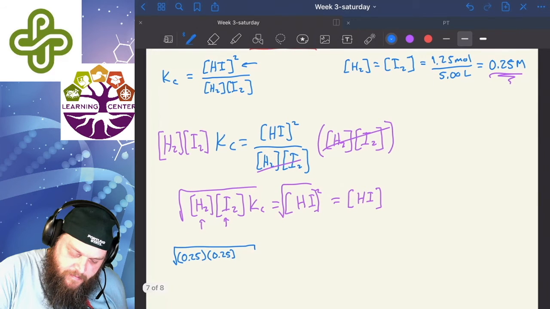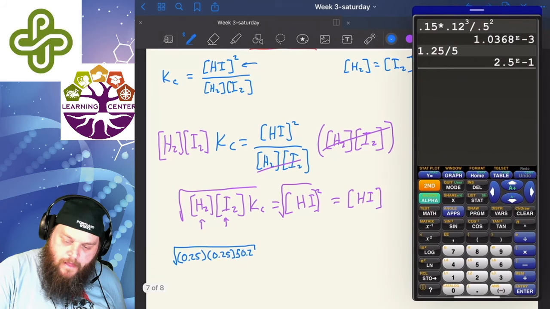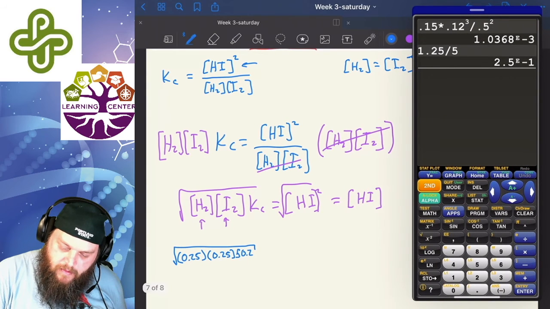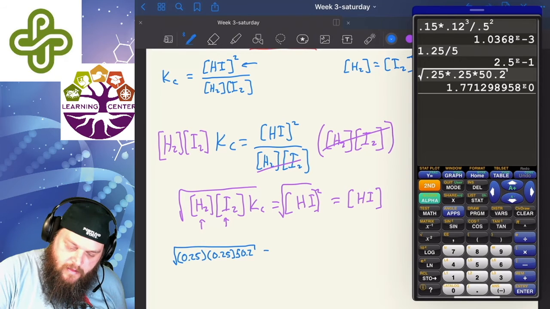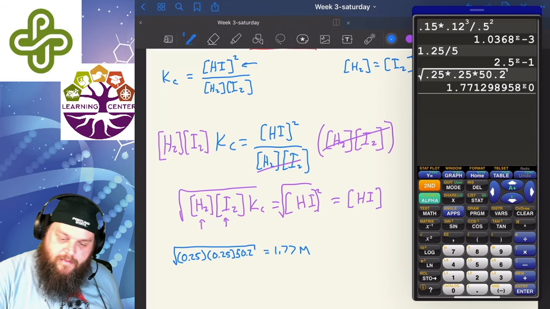So if I do that math, I take the square root of 0.25 times 0.25 times 50.2, and I'm getting 1.77. That'll be in molar.